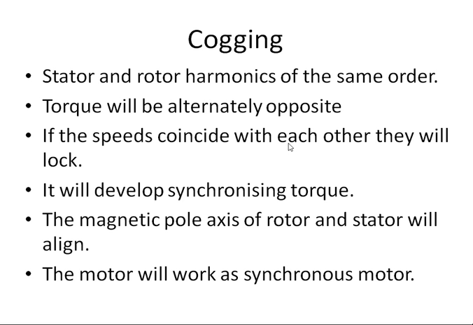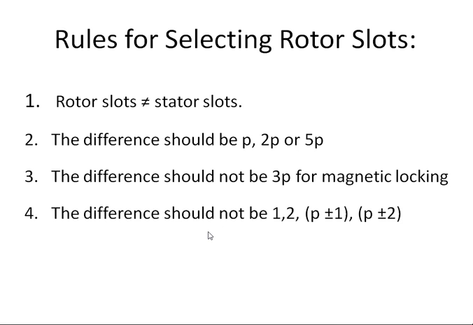So instead of running at different slip, the motor will run at a slip equal to 0. So the motor will get converted into a synchronous motor, and it will run constantly at synchronous speed. So this effect is known as cogging. This is due to the harmonic synchronous torque being produced. So we must also take into consideration these effects.